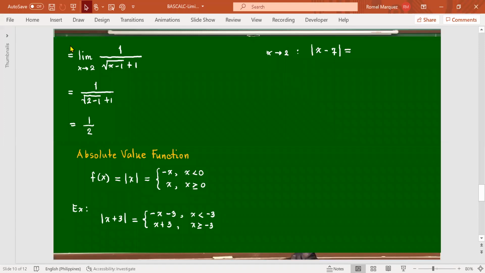If I substitute the values close to 2, what happens to x minus 7? Is it positive or negative? Actually, 2 is allowed too. Is the inside negative or positive, guys? Because the inside is negative, I have to negate x minus 7, giving negative x plus 7. So I can simplify this without the absolute value into negative x plus 7.